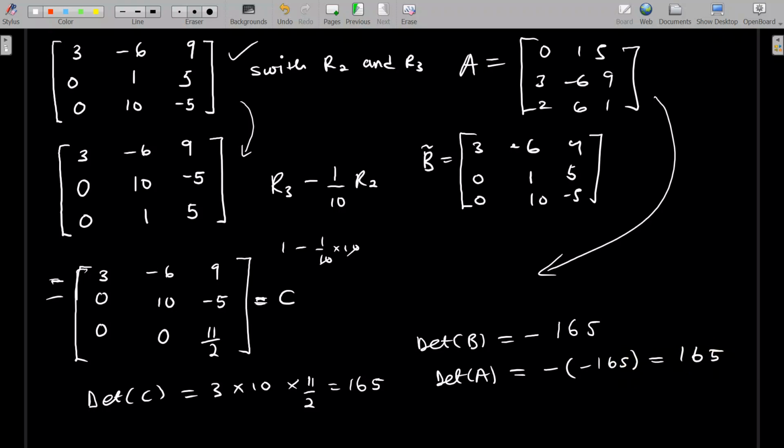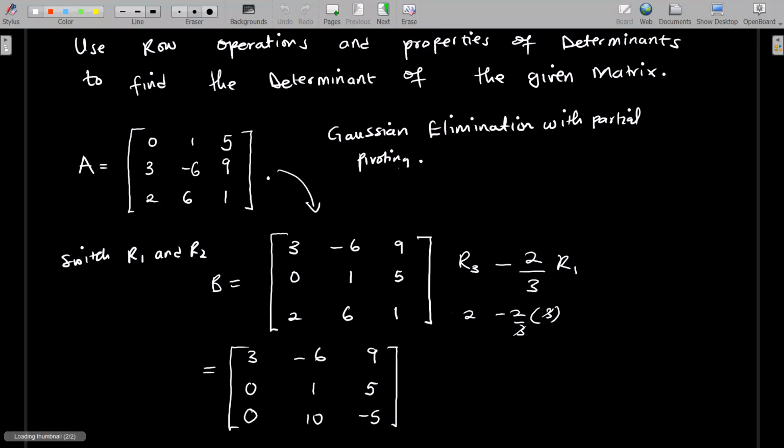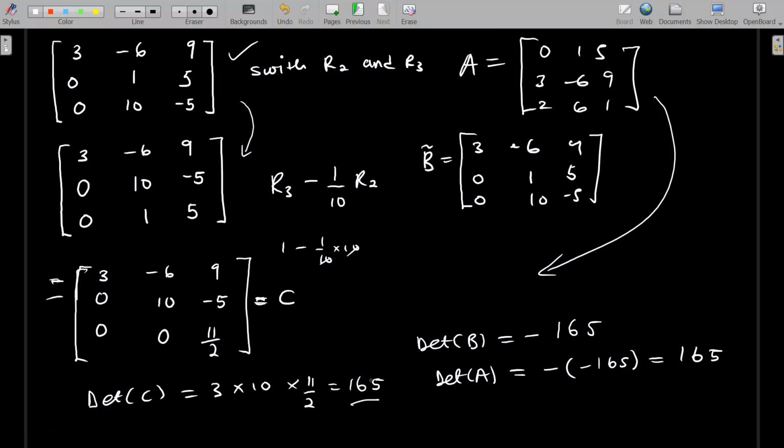In general, if you are reducing a matrix using Gaussian elimination with partial pivoting and you switch rows 2 times, then after everything you multiply your determinant by negative 1 to the power 2. If you switch 3 times, say we're dealing with a 4x4 matrix, then we multiply our final determinant by negative 1 to the power 3.